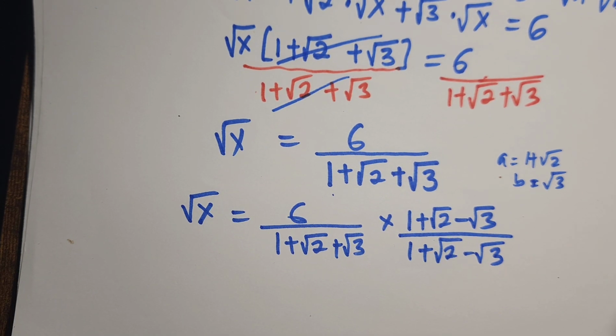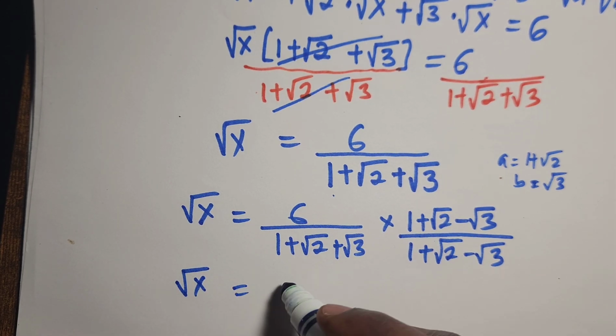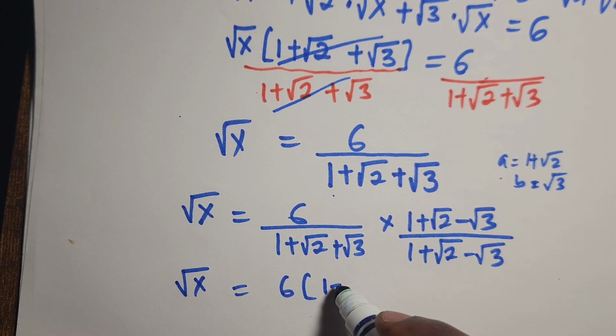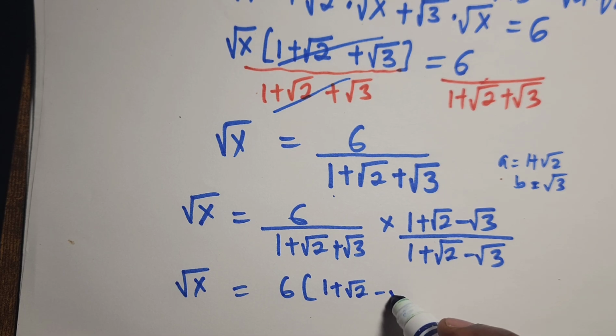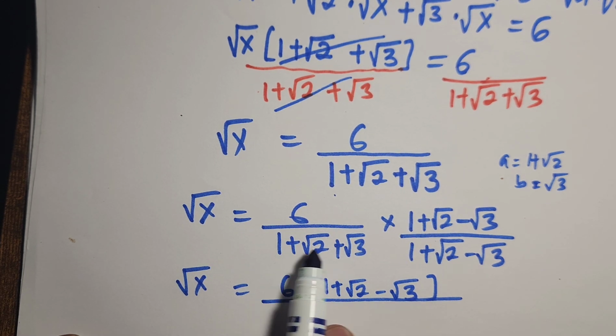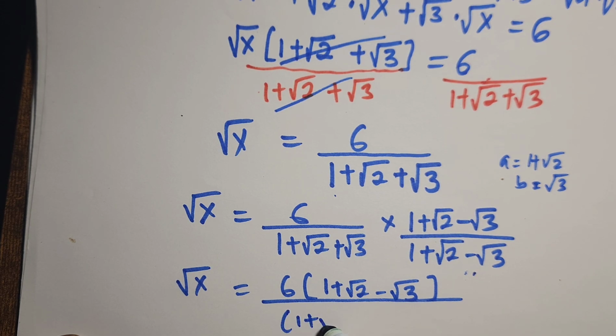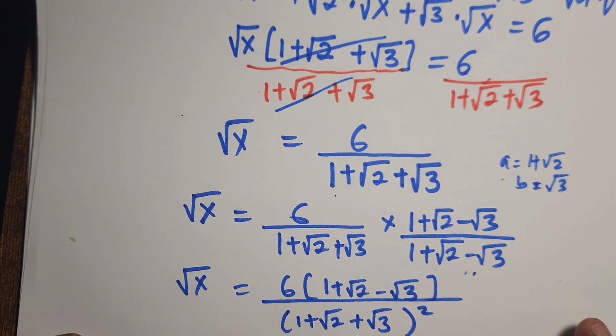Now, from here, I have the square root of x equals 6 in parentheses, 1 plus the square root of 2 minus the square root of 3. Here, this is multiplying this twice. It's like saying you have 1 plus the square root of 2 plus the square root of 3 squared. No. You can see this is plus, this is minus.